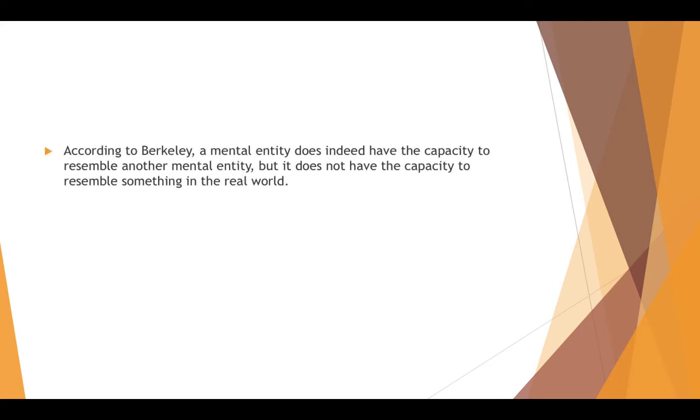Now, some people take a very strong conclusion to this. So according to Berkeley, a mental entity does indeed have the capacity to resemble another mental entity. So sense data can resemble other kinds of sense data, but it doesn't have the capacity to resemble anything in the real world. So the sense data theory falls down and collapses, according to Berkeley.